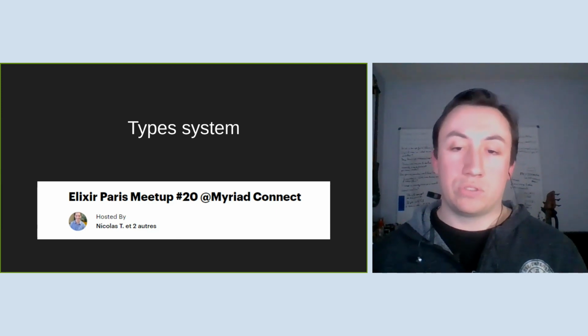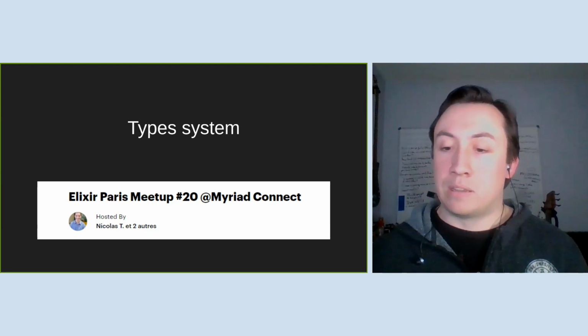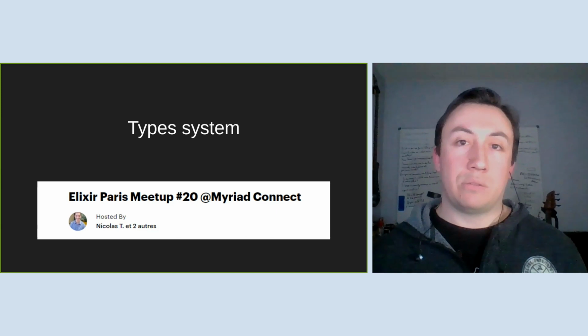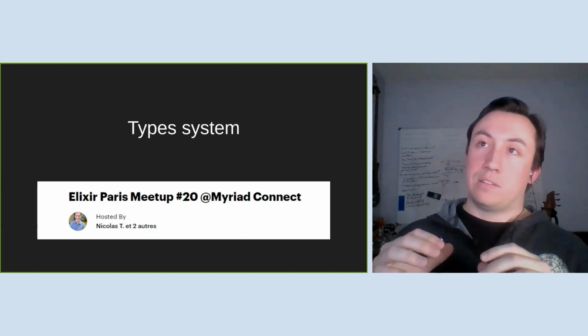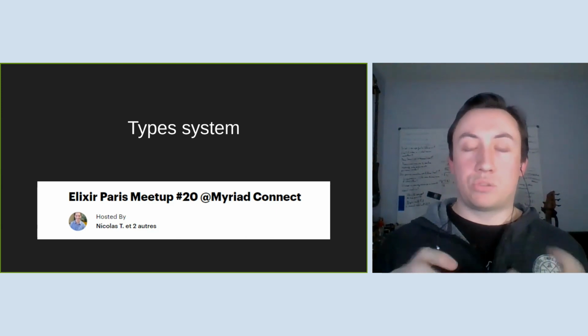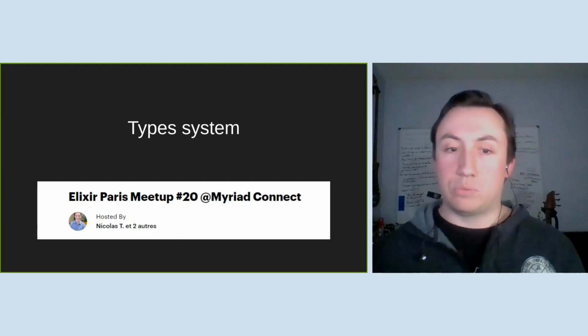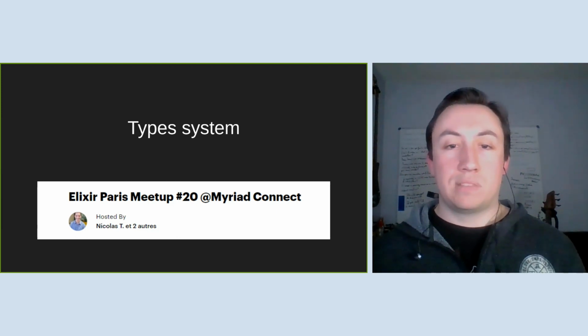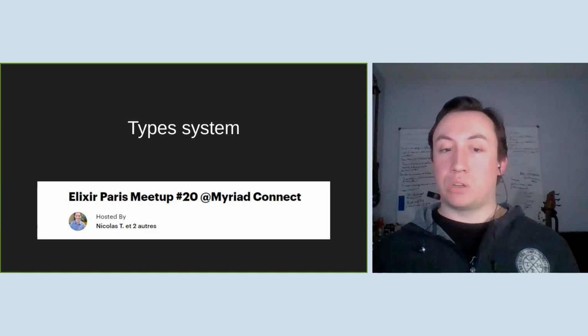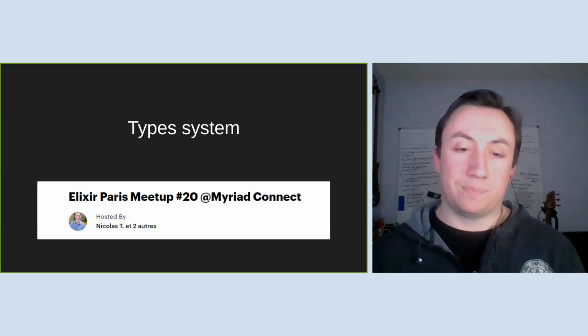He works with José Valim, who is, once again, the creator of Elixir. He worked to implement a strong type system in Elixir, because spec is just documentation in a way. So types are coming at some point. They will be coming in Elixir, hopefully.